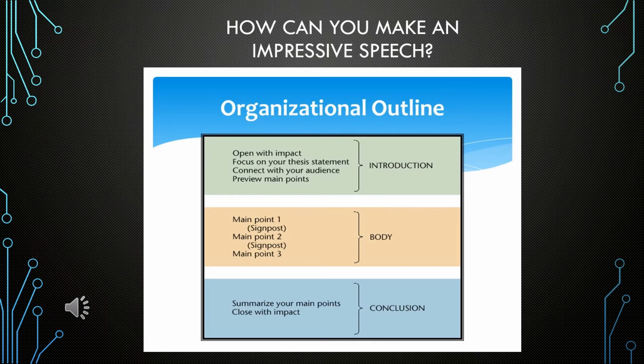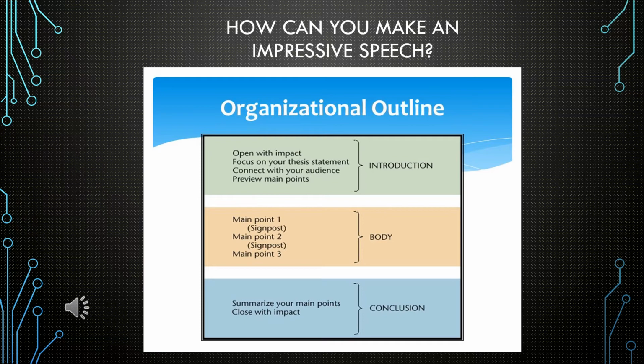For the introduction, we need to open it with an impact. Focus on your thesis statement. Connect with your audience. What do I mean by connect with your audience? Here it means you must hook or grab the attention of the audience and preview the main points.